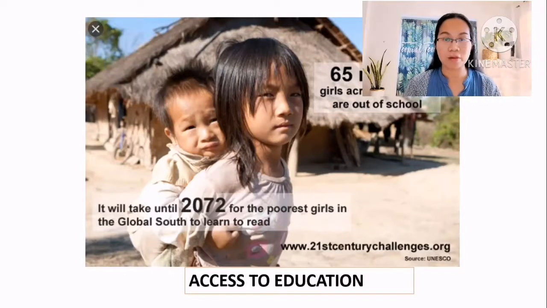Lahat ba sila merong access doon? Maybe the course could be engineering, industrial technology, and other courses which were known to be parang male courses. But right now, as we have mentioned, we are trying to eliminate that stereotype. So, kailangan open na tayo dun sa lahat ng courses, pwede sa babae at lalaki.